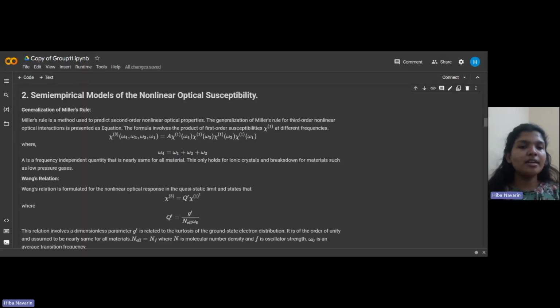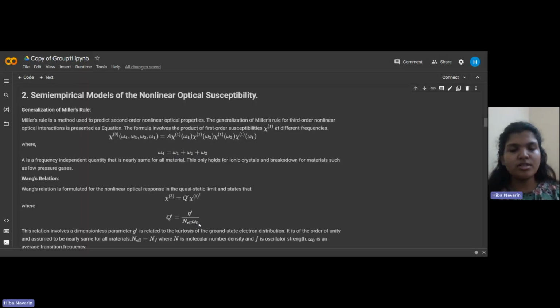In this, the third order optical susceptibility is directly proportional to the square of the first order optical susceptibility, and we have a term q dash, which is given by g dash by n effective into omega 0.